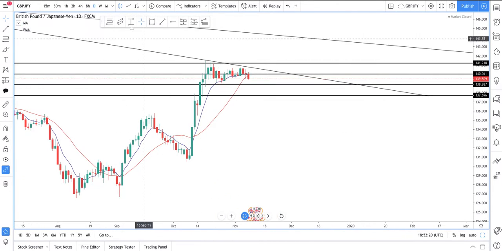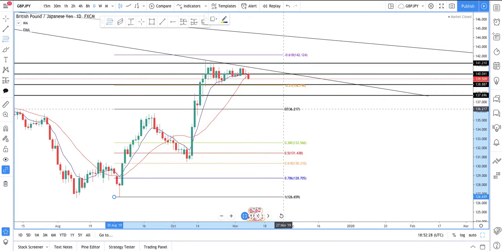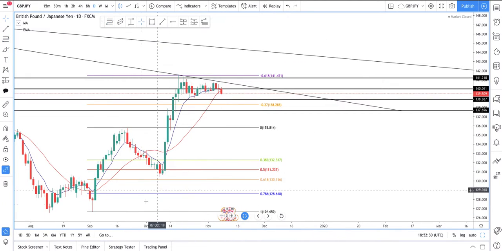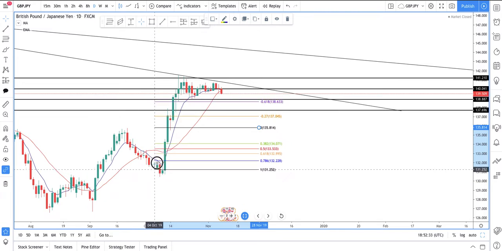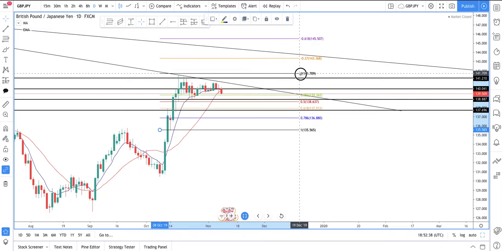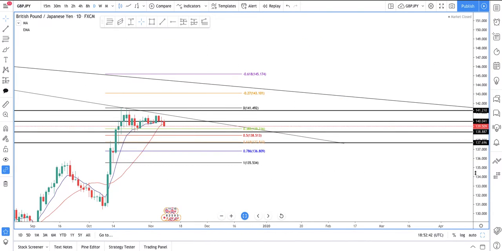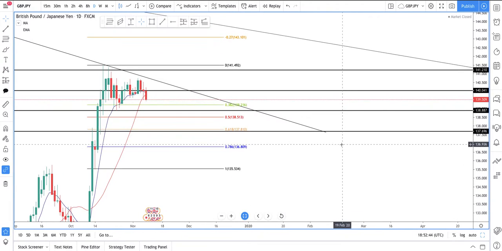Let's throw in a fib to see where my long-term targets are. As I said earlier, on a long-term basis, I'm pretty bullish, temporarily bearish. So I'm hoping to see a major drop somewhere around this region. Let me highlight this area.